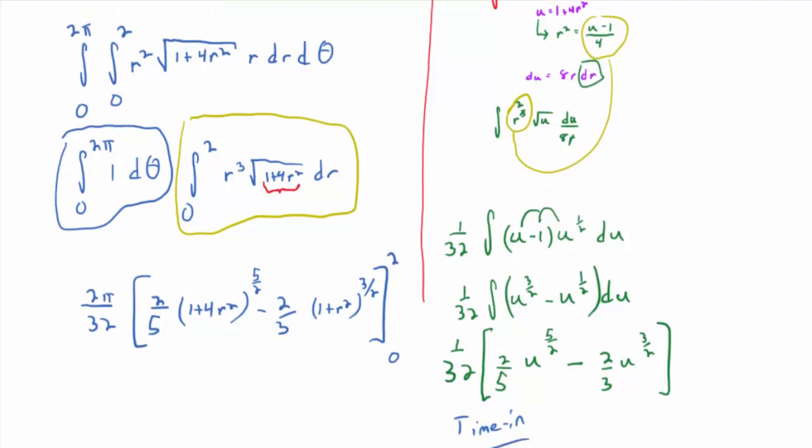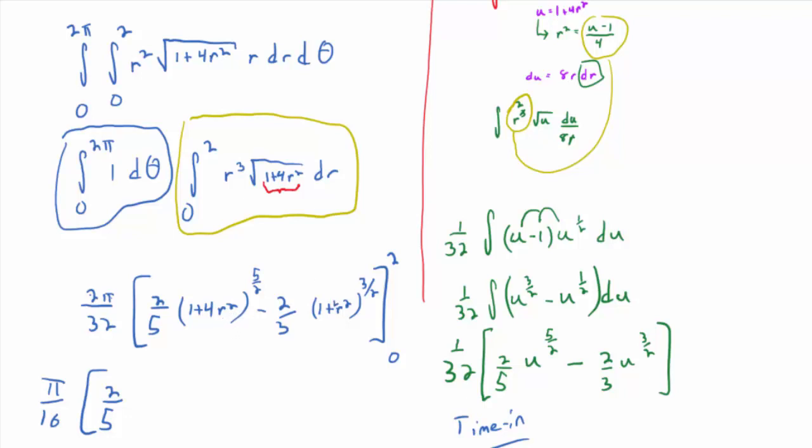Okay, what do we get? So 2 pi over 32 is really pi 16ths. And then what do we get when we plug 2 in for r? So 2/5. That's going to be 17 to the 5/2? I think I copied it wrong.